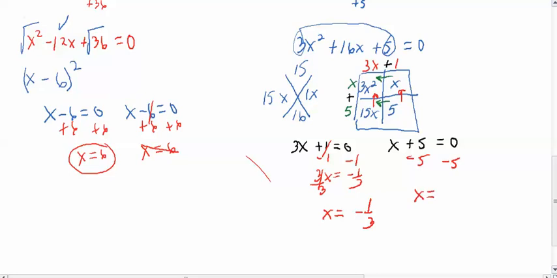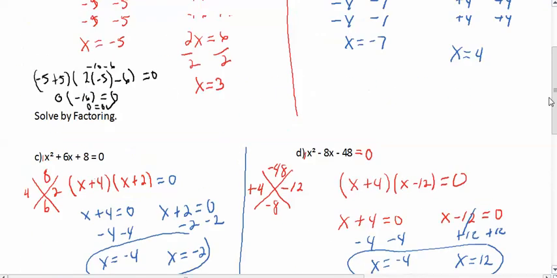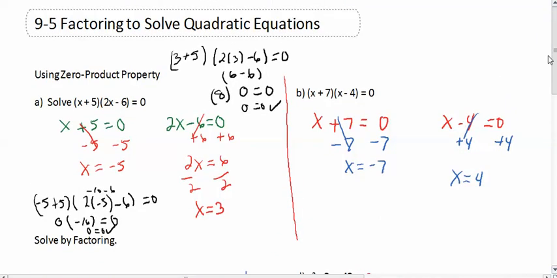We have x is equal to negative 5. Okay, so these are our two answers. If I plugged them back up there, I would see that they give us 0. Okay, so that was 9-5, solving quadratic equations by factoring. Factoring to solve quadratic equations.